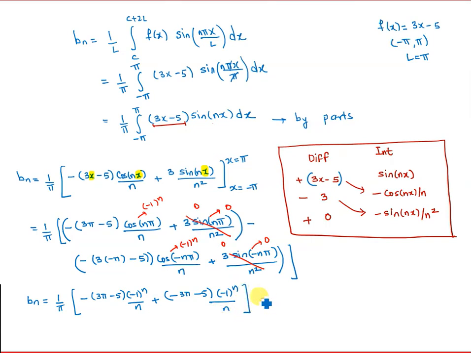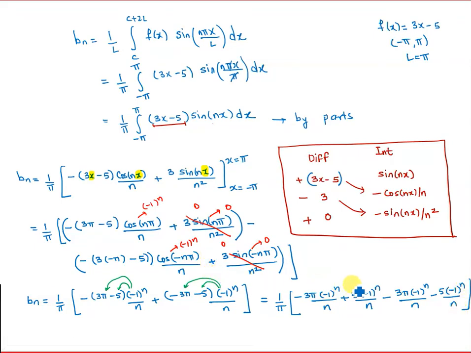Okay, now it's always better to simplify it further. To simplify it further, we multiply this term inside to both terms. So this will give you 1 over pi, minus 3 pi minus 1 to the power n over n. Minus becomes plus, 5 times minus 1 to the power n over n. This is minus 3 pi minus 1 to the power n over n and minus 5 minus 1 to the power n over n.